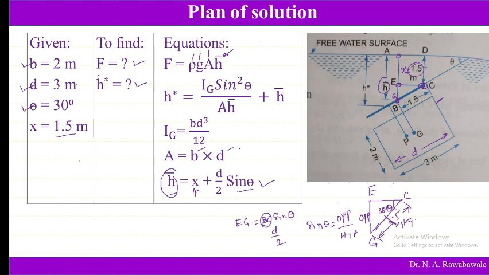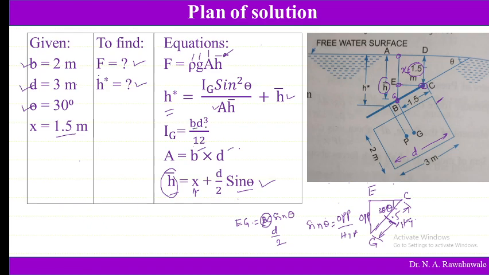So we know H bar, we can substitute H bar in this equation, we can get F. Then the distance of center of pressure from free surface, H star, is given by the equation Ig sine square theta divided by A H bar. H bar is known now, area we can find out, theta we know, sine square theta we can find out, Ig. Now the moment of inertia about the axis passing through center of gravity for this rectangle is given by b d cube divided by 12.